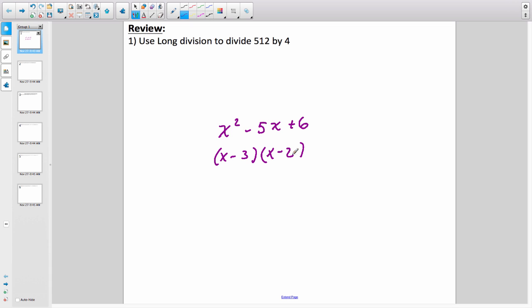And the test would be to FOIL these, and you should get back to where you started. But what this is really saying is that if you took x squared minus 5x plus 6 and you divided it by one of these factors, so let's just randomly say x minus 3, your result should be x minus 2.